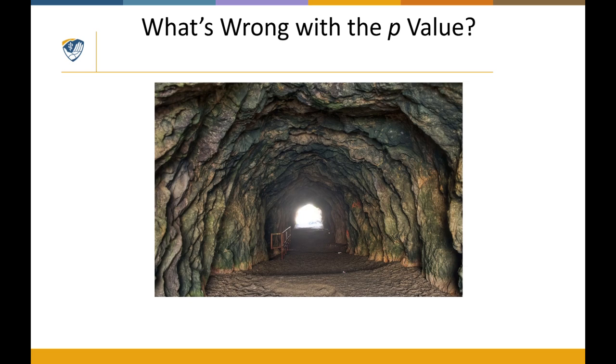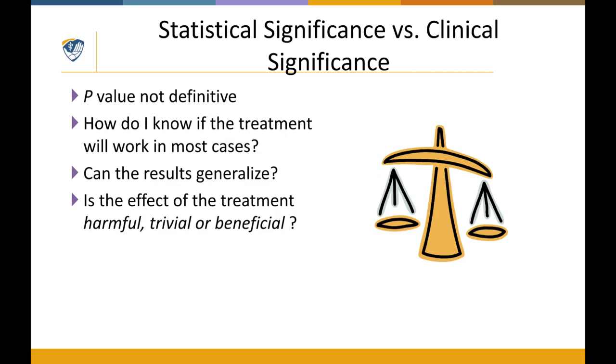We need to make sure we're balancing what statistical significance is telling us and what that might mean to us clinically or in a practical sense. Again, the p-value is not always definitive. It forces us into this dichotomous decision in which we can either say the treatment was effective or the difference was true or was not true.